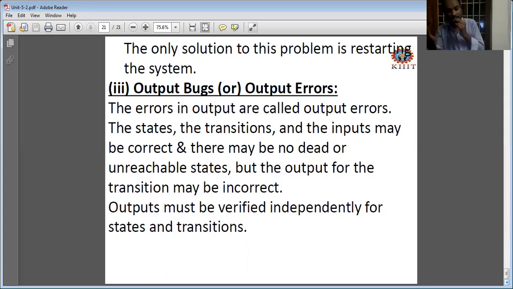Outputs must be verified independently for states and for transitions. Okay, thank you.